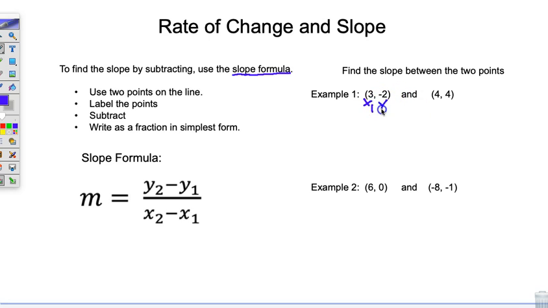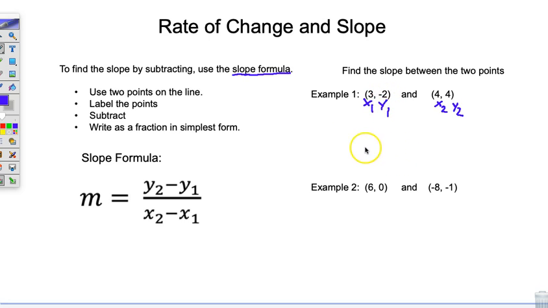This is my first y, so I will call that y1. Then these over here must be our x2 and our y2. Now remember, in our previous lesson on graphing, x always comes before y. That's how you should never get these confused. The first one is always the x value. The second number is always the y value.